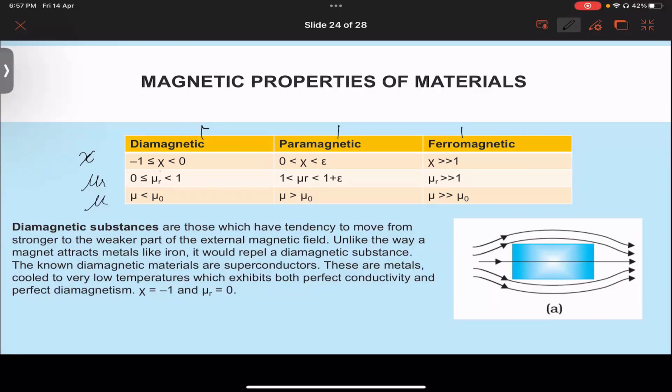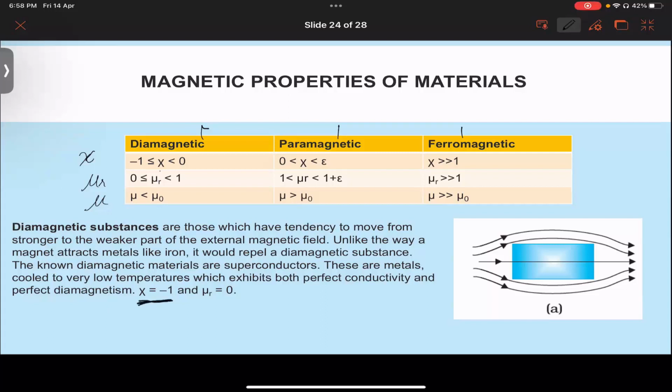So what are diamagnetic materials? These have the tendency to move from the stronger to the weaker part of the external magnetic field, so they actually repel. Usually a magnet attracts metals like iron, but it would repel a diamagnetic substance. They have negative magnetic susceptibility.